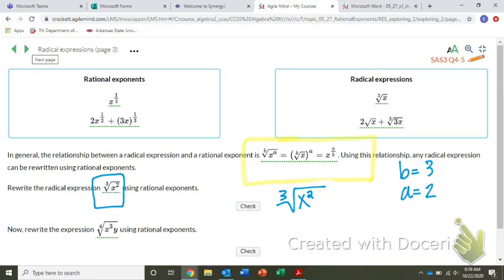All right, so I want to go from here, started here. I want to go to this. So I'm saying parentheses 3 square root of x, close my parentheses, squared. And now I want to go using the rational exponent. So now I have x to the 2/3. Now, tell me this.